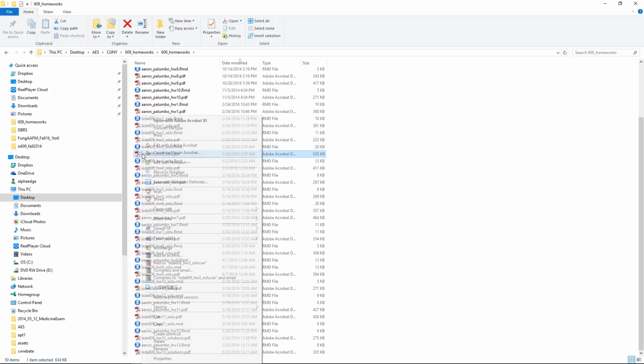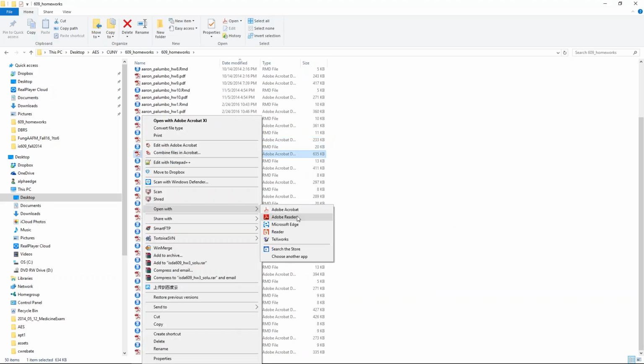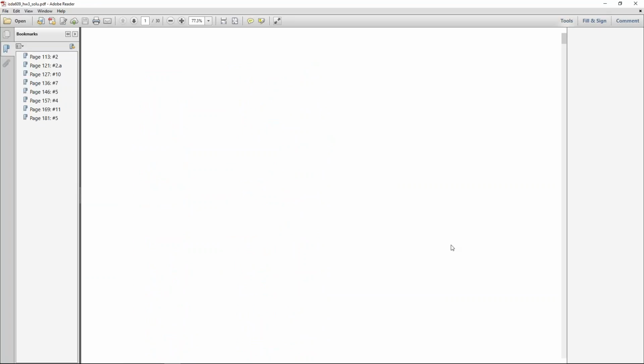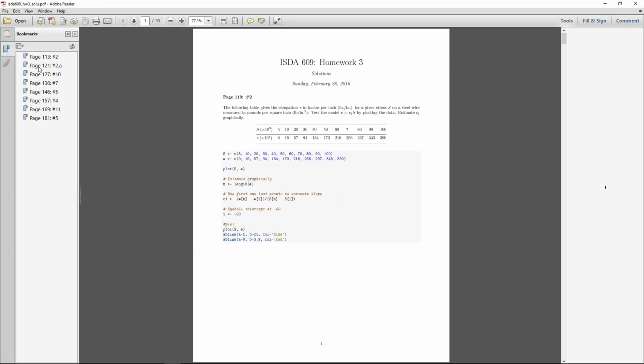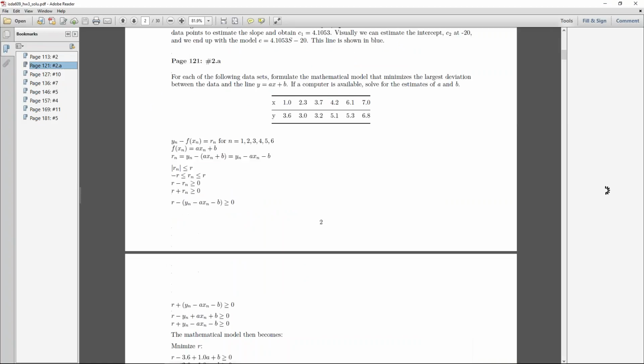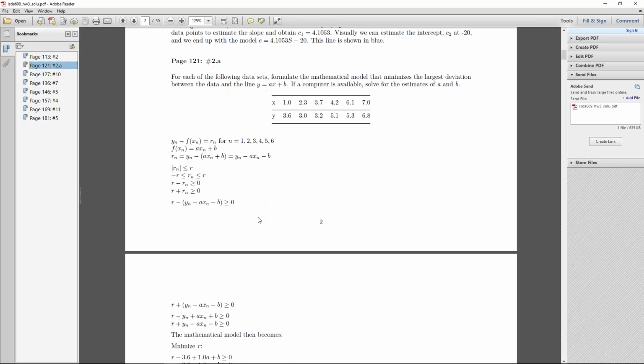No, it's week 3. Yeah, the example was really trying to minimize the largest deviation between those 2 data sets.